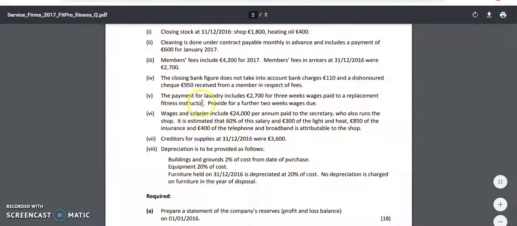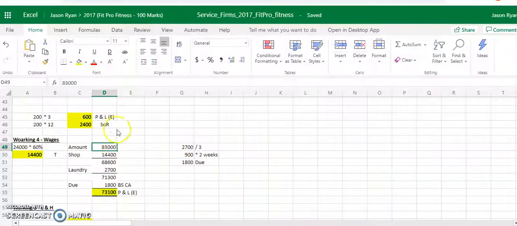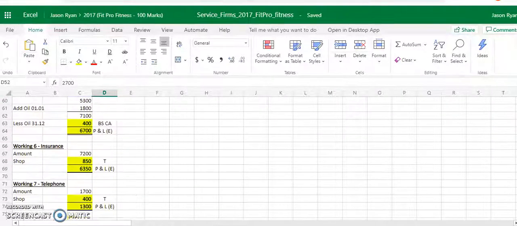We have a listed adjustment in this one here for laundry. So the payment for laundry includes 2,700 for 3 weeks' wages paid to a replacement fitness instructor. So that needs to be added on here. So that laundry of 2,700 needs to be added on, and then you need to adjust your laundry to reduce that by 2,700.